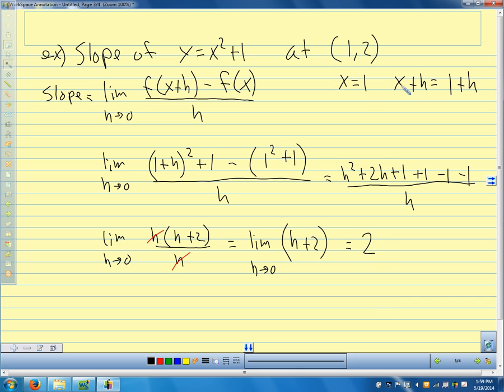I plugged in x plus h. Here x was 1, so x plus h is just 1 plus h. f of x is f of 1. Plug that all in and simplify. And that gives me the slope of that graph at that particular point.